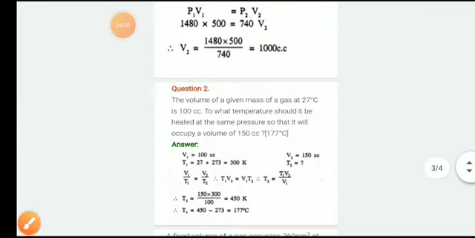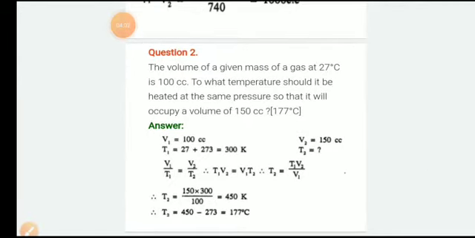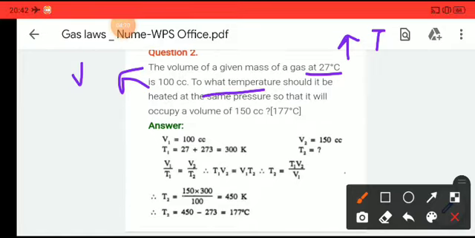So let's move to the next question, question number 2. Here the question tells that the volume of a given mass of a gas at 27 degrees Celsius is 100 cc. So temperature is given and the volume is also given. To what temperature should it be heated at the same pressure?